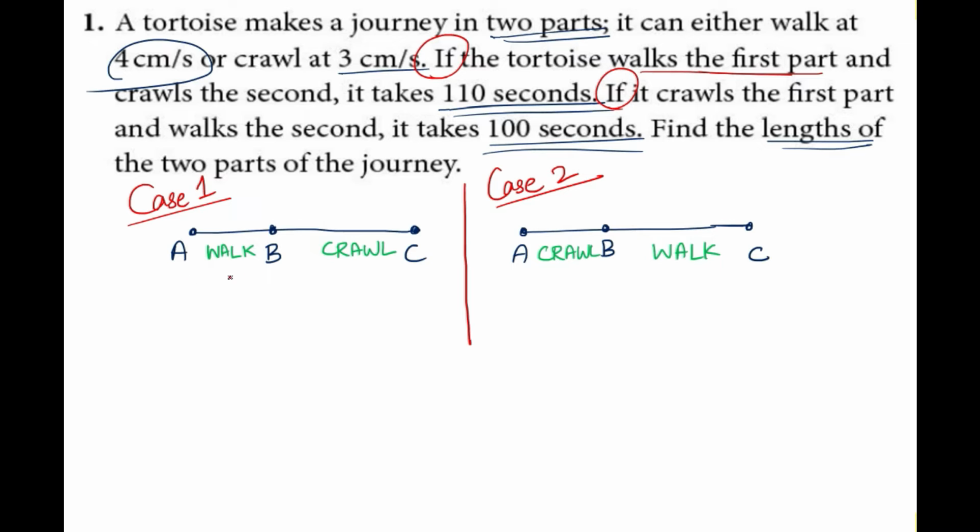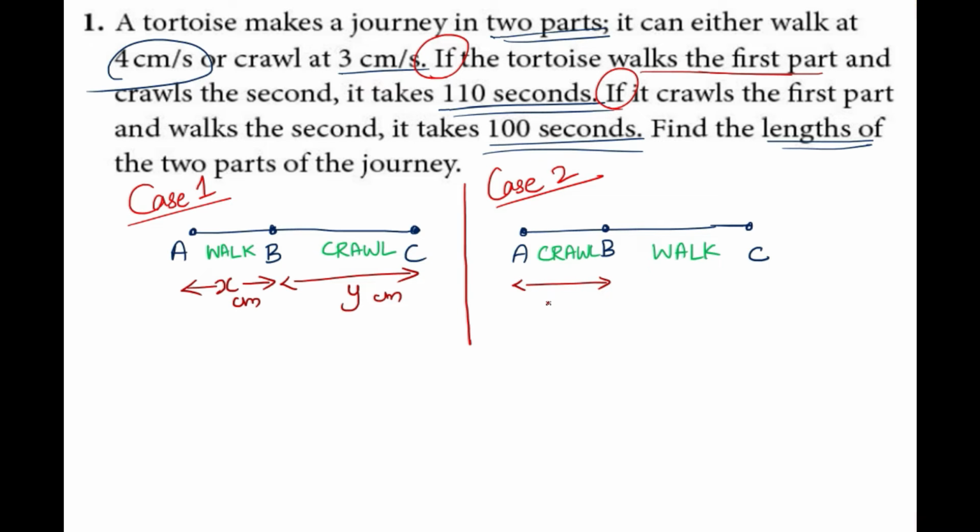Now, from the given data, the question is asking you to find the length of the 2 parts of the journey. So let us assume that the distance from A to B is x centimeters, and from B to C is y centimeters.